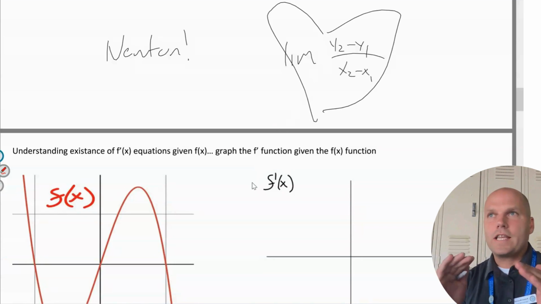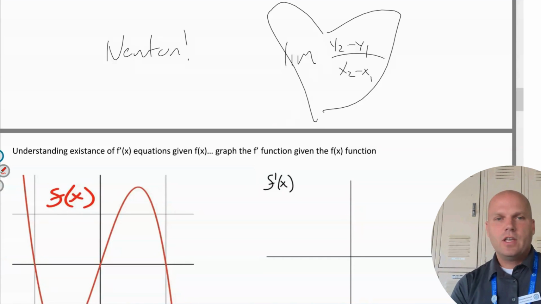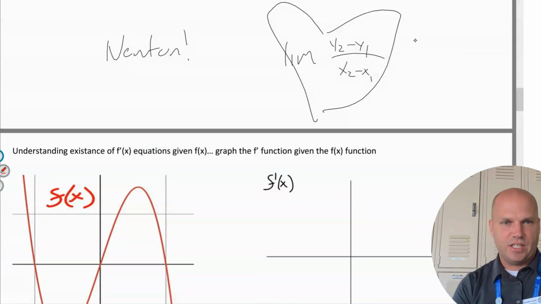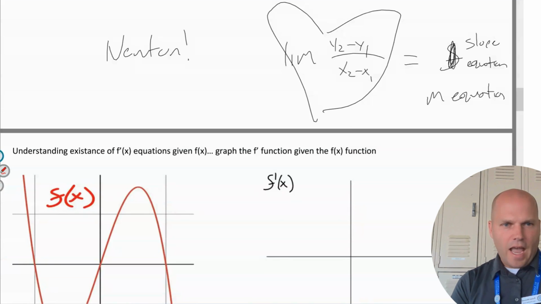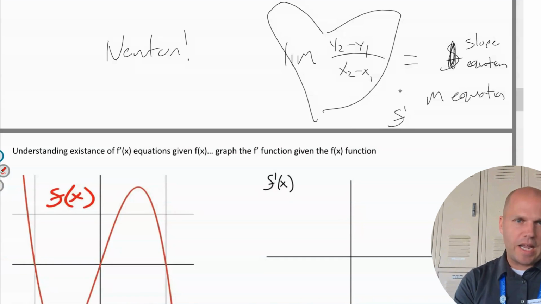And what he decided and what he discovered is that we could use this not really using numbers, but using x's. And we could get an equation for slopes. So like a slope or an M equation. And he decided to call it an F prime equation.